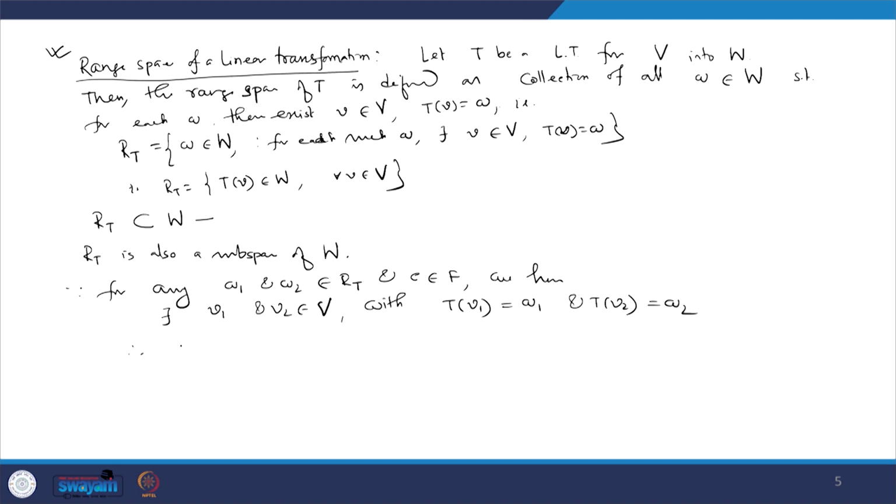So now c times w1 plus w2 equals c times T of v1 plus T of v2. From the definition of a linear transformation, this equals T of c v1 plus v2, which belongs to RT. So RT is also a subspace of the vector space W.